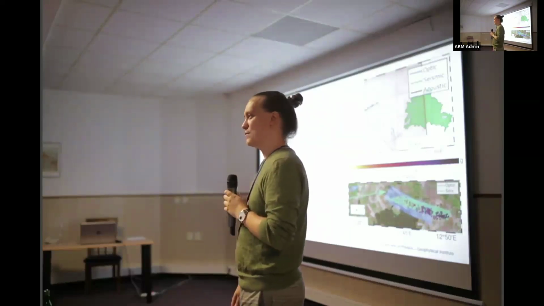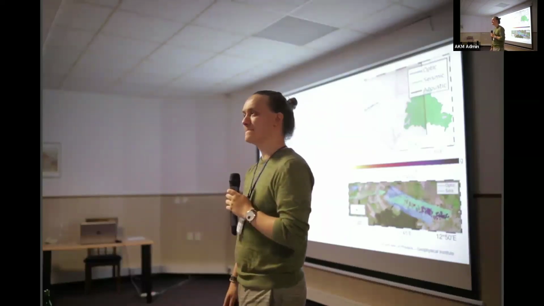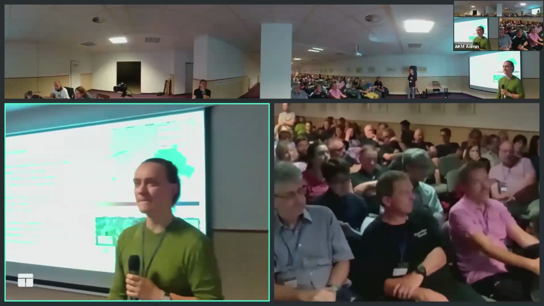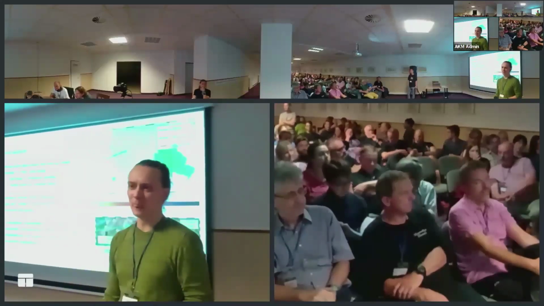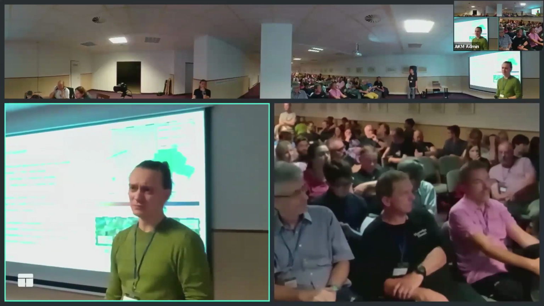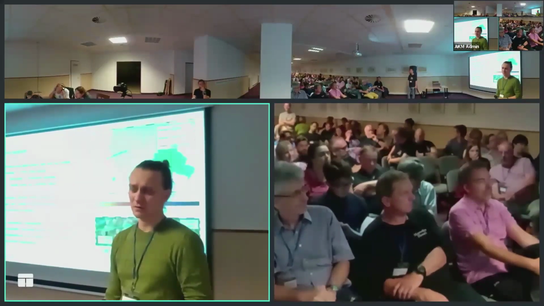Maybe this question is not only for you, but for all the other speakers before. Did anyone try to investigate a posteriori the meteorological radars? Because this could be interesting to see.